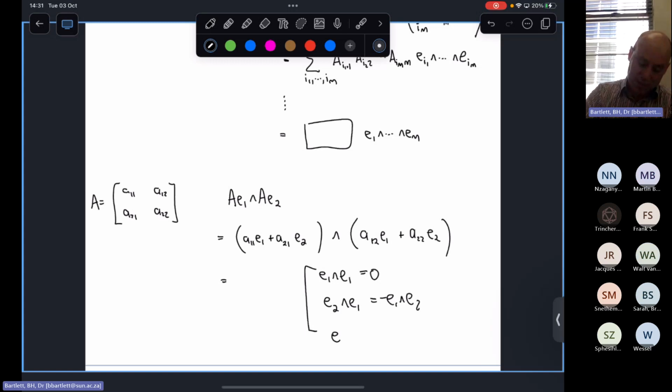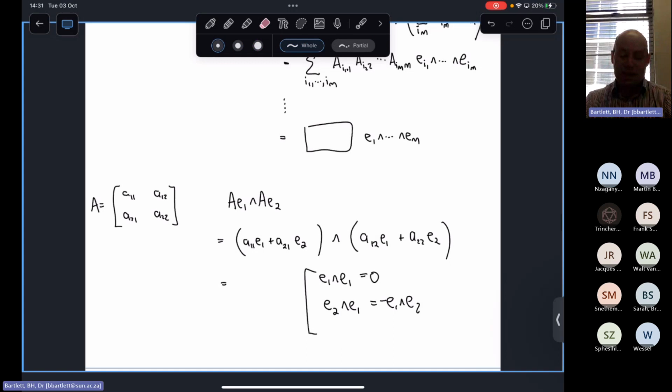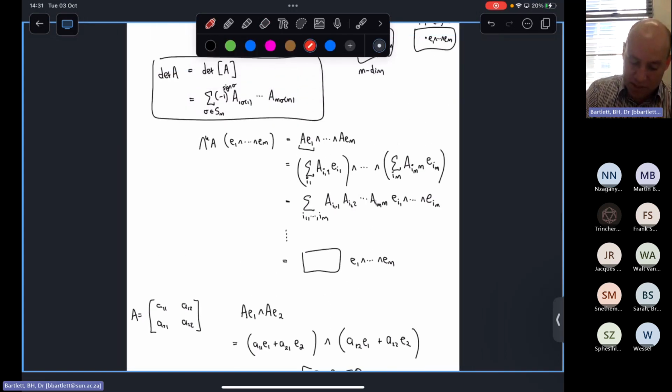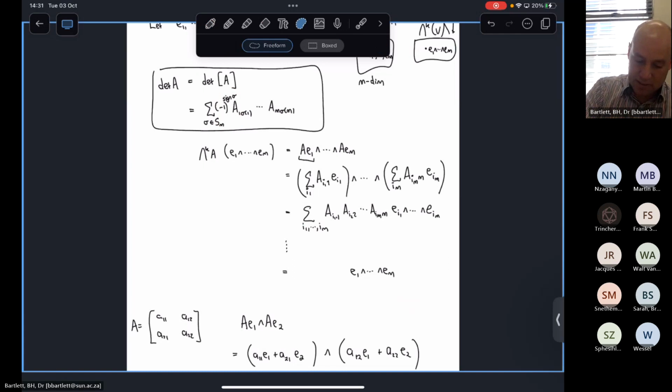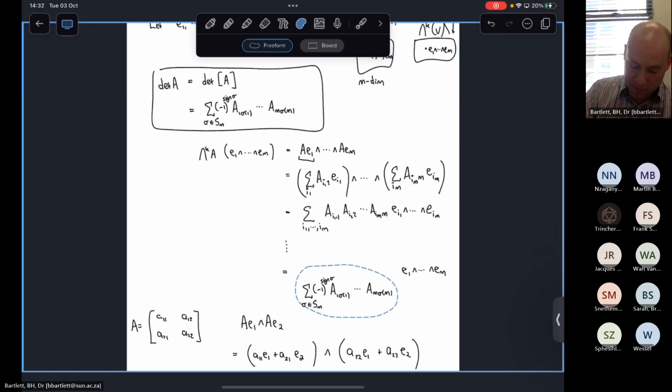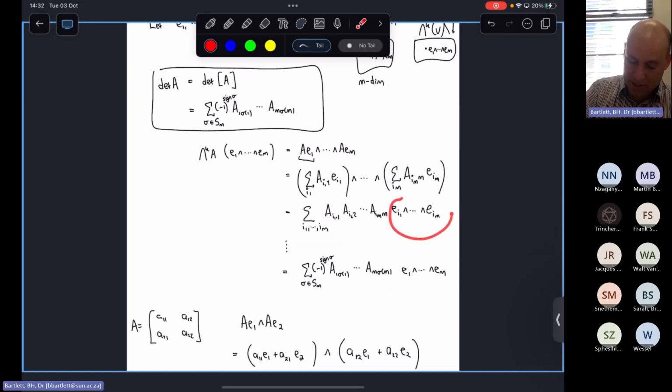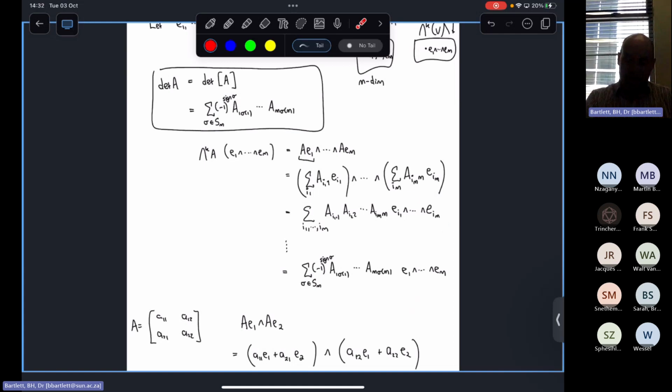And in general, if you've got a bunch of vectors that are wedged together and you want to put them into some canonical order, then you're going to pick up a sign which is going to be exactly this permutation here. So that's how you can see we're going to get exactly this. Because when I rearrange these into the canonical order from 1 up to m, I have to swap them with each other. And every time I swap, I pick up a minus sign. So in the end, I pick up the sign of the permutation.